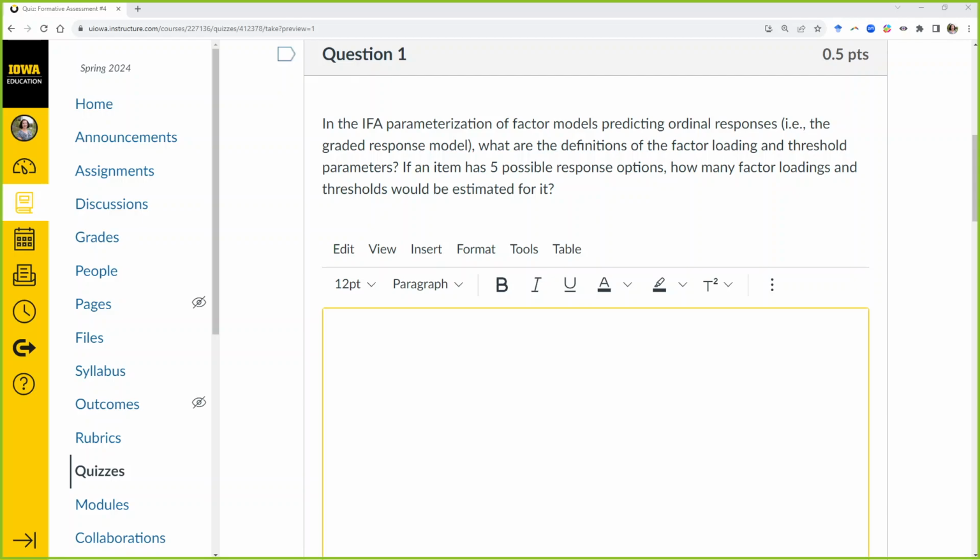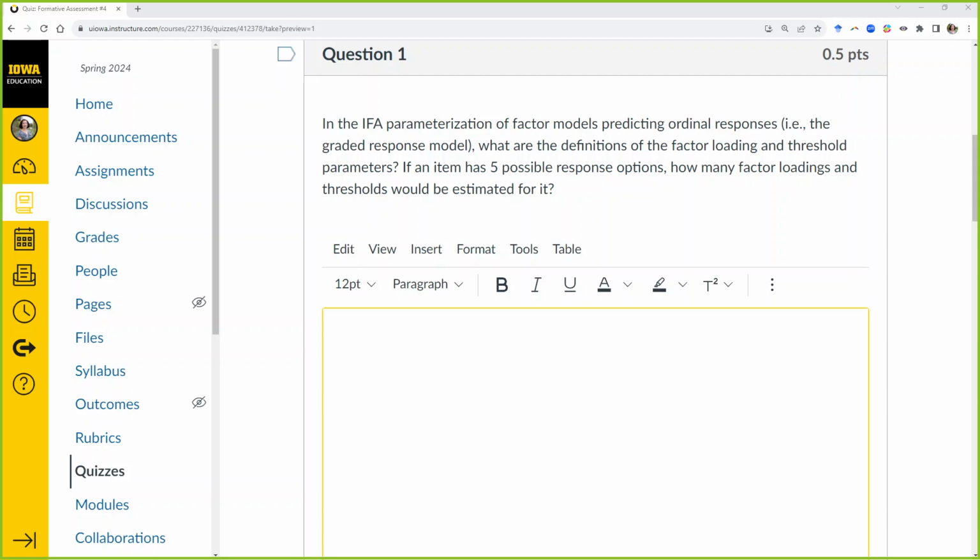So someone asked for the definition of threshold again. Just a reminder here that threshold does not equal difficulty and does not equal step parameters as well. In terms of the definition, thresholds are the prediction of the lower categories compared to the higher categories.